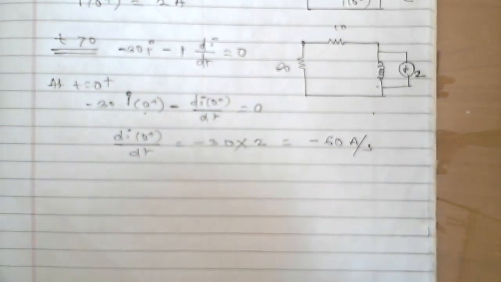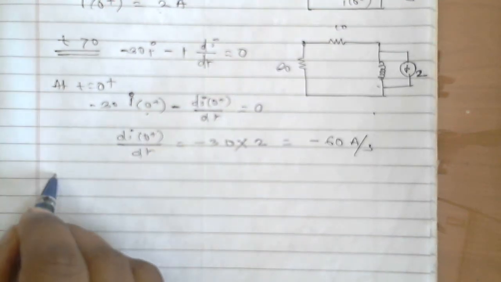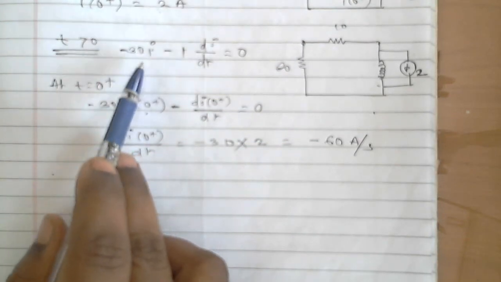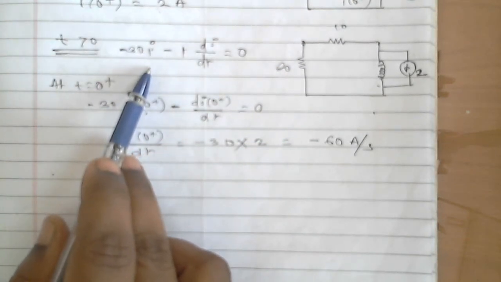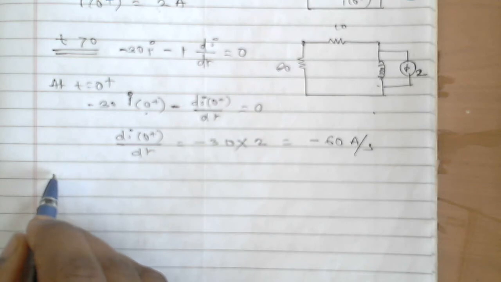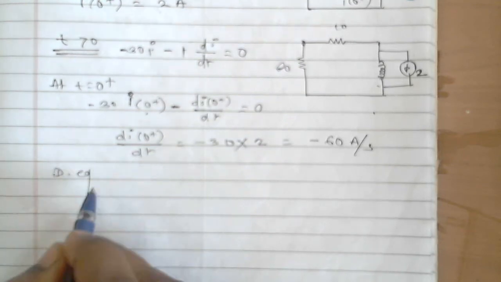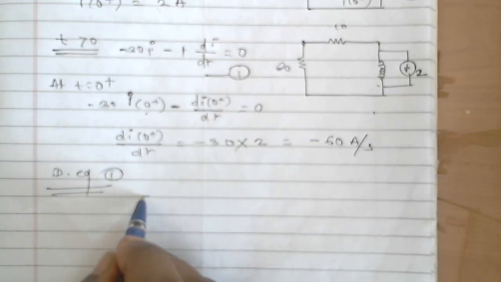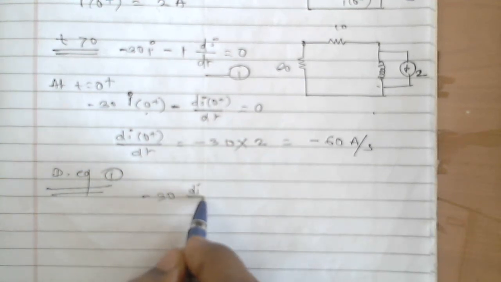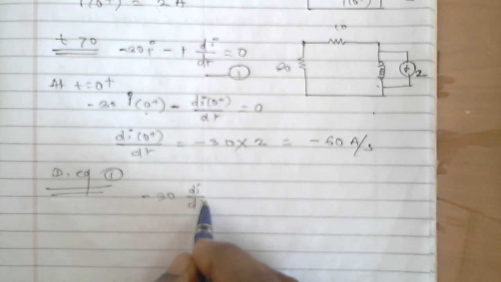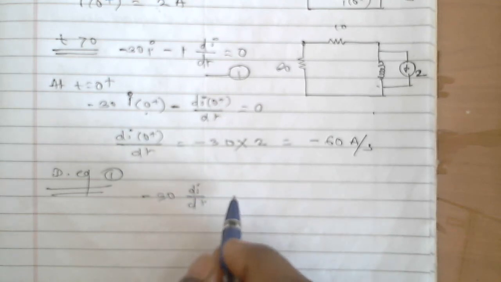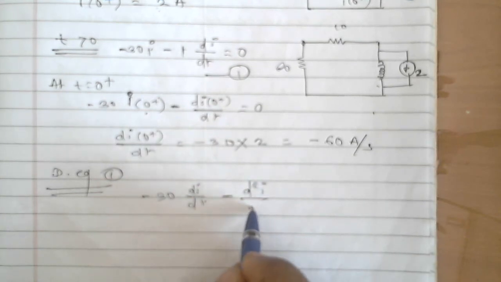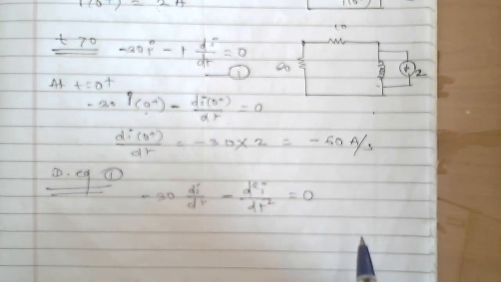Okay, now we will differentiate this equation, this one, to get d²i/dt². Differentiating the equation, it will become minus 30 di/dt minus d²i/dt² equal to 0.